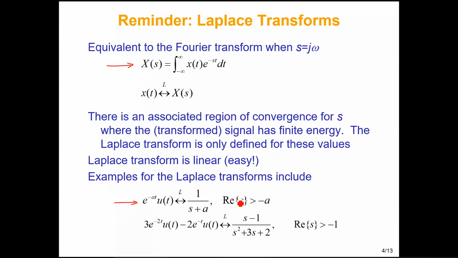Using that, we covered an example where we have two of these, and the Laplace transform expression was this, and the region of convergence was where the regions of convergence for this pole and for this pole overlap. So two examples we saw.